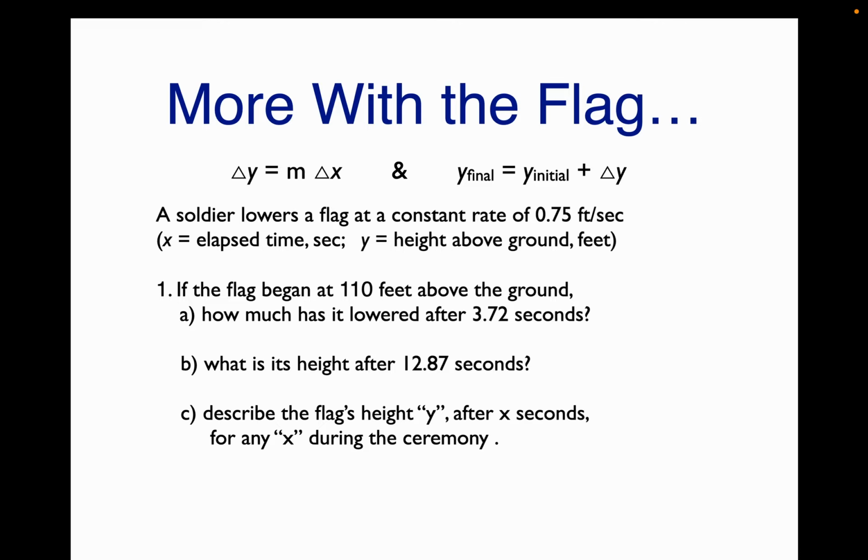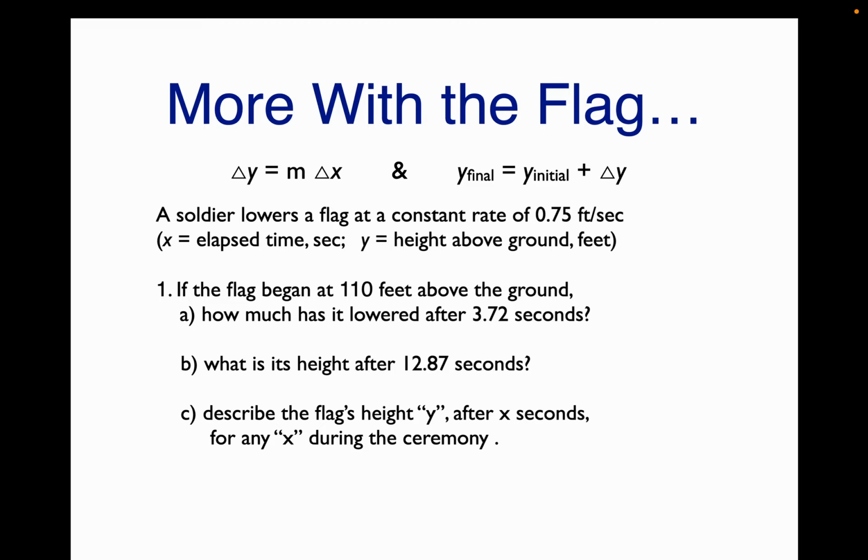All right, so if I wanted to describe the flag's height after x seconds for any time x in the ceremony, this is asking for a formula for y, just with x, not a specific number. But if you know how to do this for a specific number of x into the ceremony, just like these two, a lot of times we are concerned with how much it's changed from the beginning, from time 0.